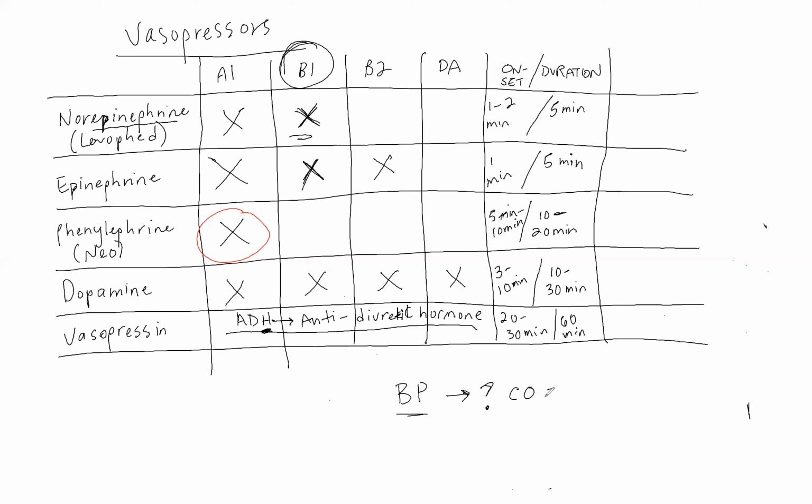And the equation for cardiac output is quite simple. It is heart rate times stroke volume. Really, for adults, the ideal heart rate to optimize cardiac output is somewhere between 90 and 110 for the most part with a healthy heart.